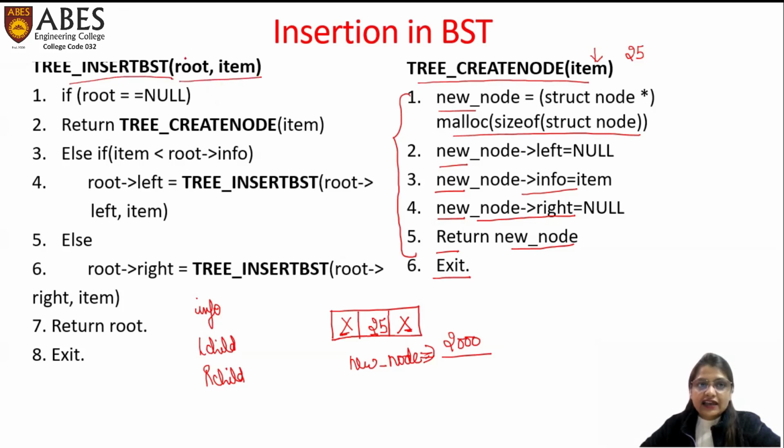Initially, if there is no node, then the root address returned by the algorithm will definitely be null because there is no such node. It is not allocated any memory space. That's why it is returned as null.